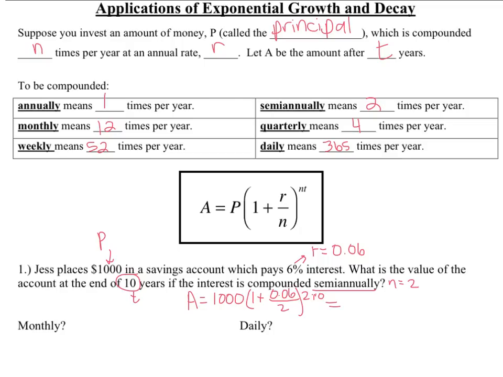Now you can simplify a little, or you could type it exactly as you see it written in your graphing calculator. And so it's 1,000 times 1 plus 0.03 raised to the 20th power, or 1,000 times 1.03 to the 20th power.